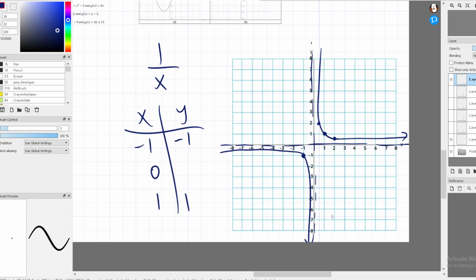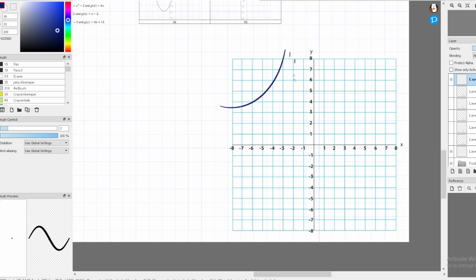Occasionally, with a rational function, you'll have something that looks like this. I don't think we covered that too much in this class. You might be asked to find the domain of something that looks like this, which isn't too tricky. You would just go up to the vertical asymptotes.